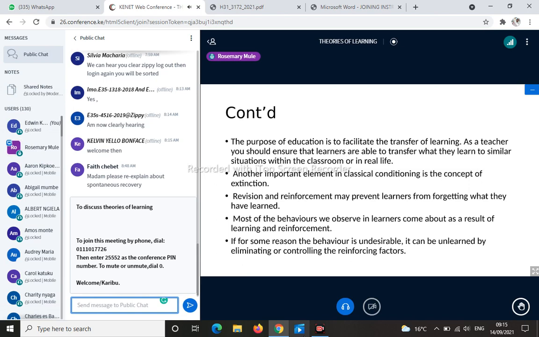And therefore we are saying if we observe an undesirable behavior among our learners, we try to understand the circumstances under which these behaviors are being acquired, and we can withdraw or control the factors that are contributing to that behavior by trying to minimize them or control their presence so that the learner does not move towards that direction.